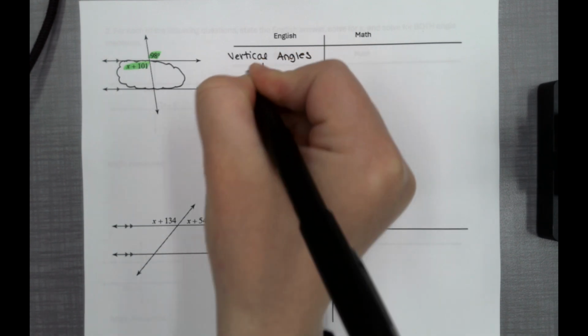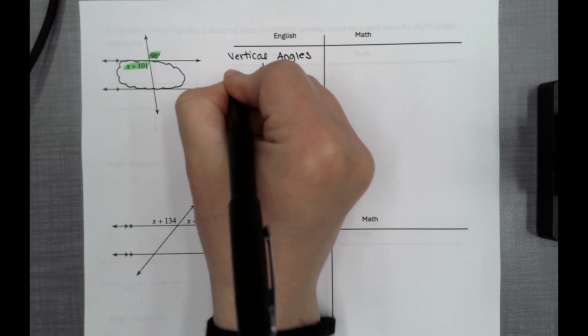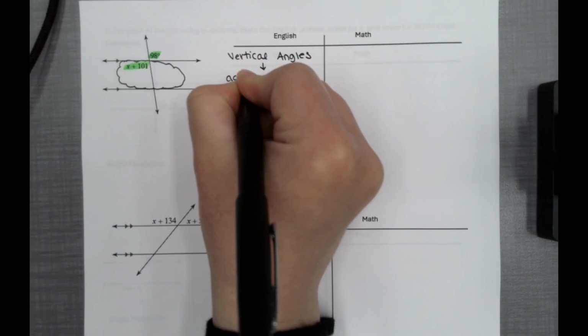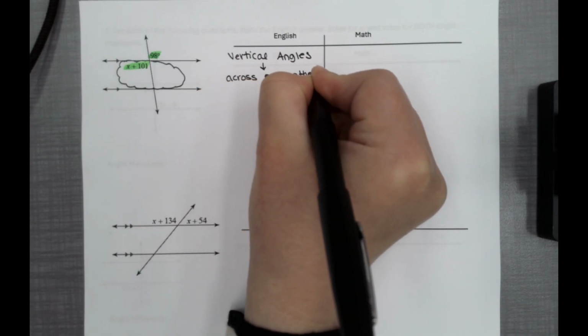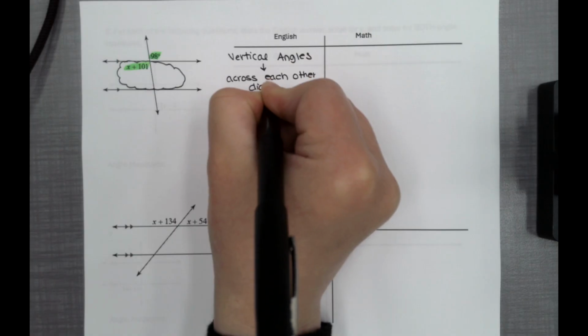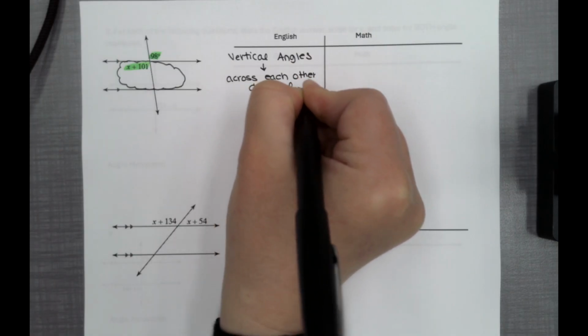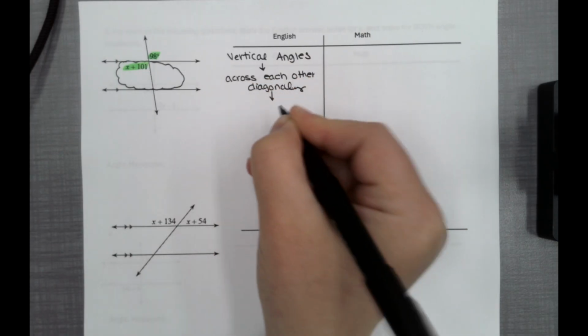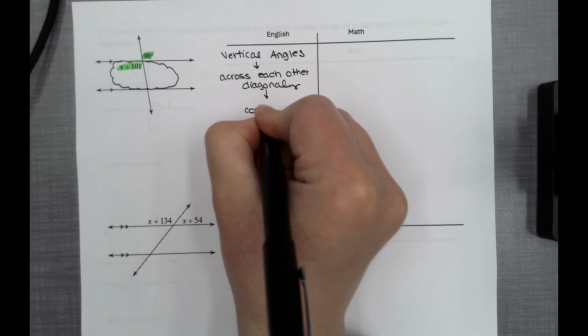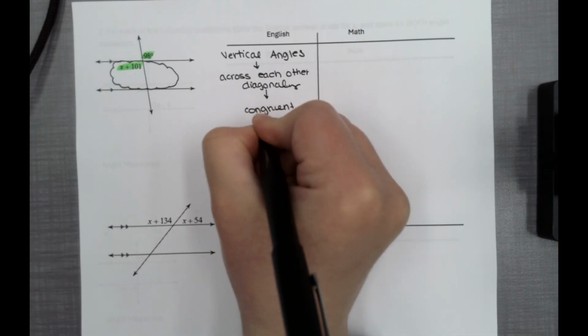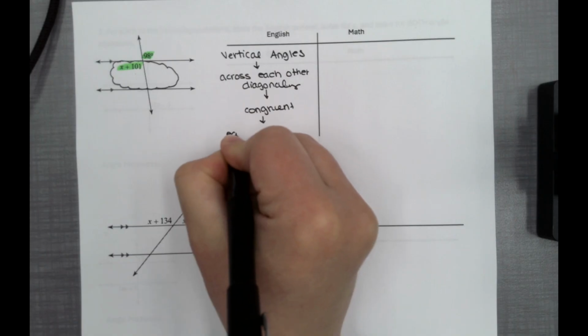Vertical angles are across from each other diagonally. And because they are across from each other diagonally, they are congruent, and since they are congruent, they are equal in measure.